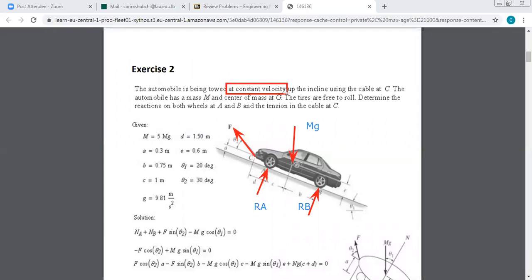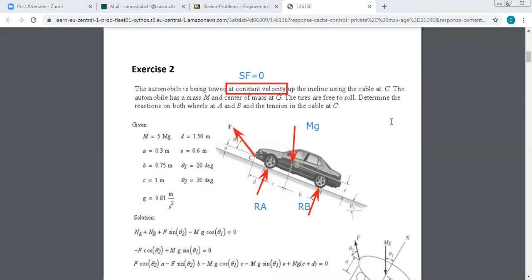Okay, so we have in general two types of equilibrium. Static equilibrium, this means that it is fixed, and dynamic equilibrium, this means that it is moving but without acceleration. So when it is moving without acceleration at constant velocity, we can still apply that sum of forces is equal to 0.